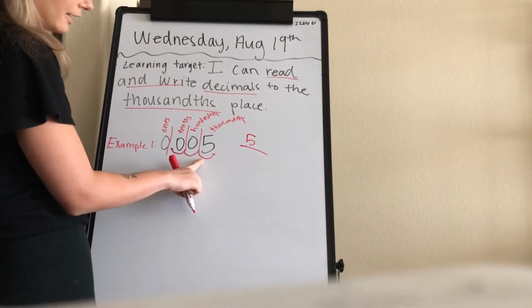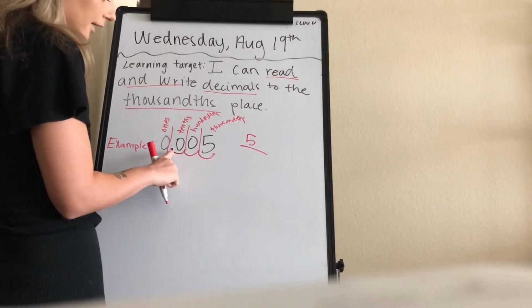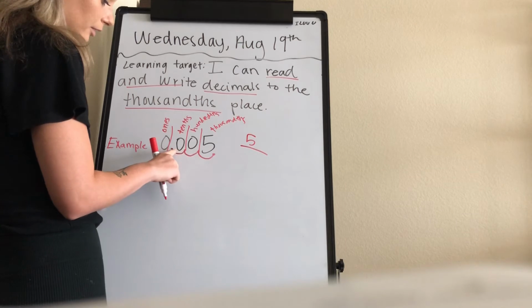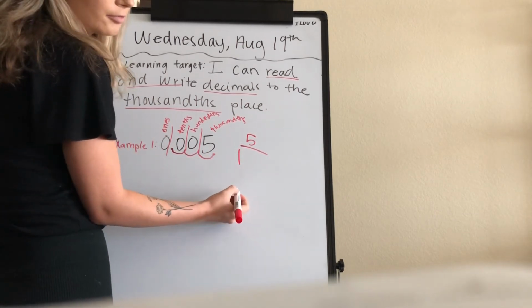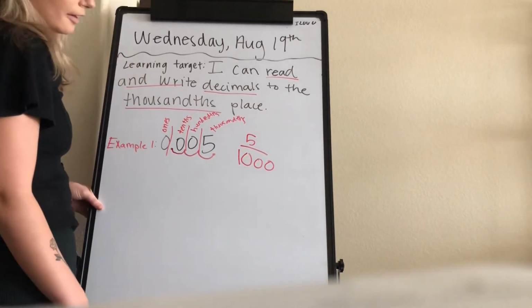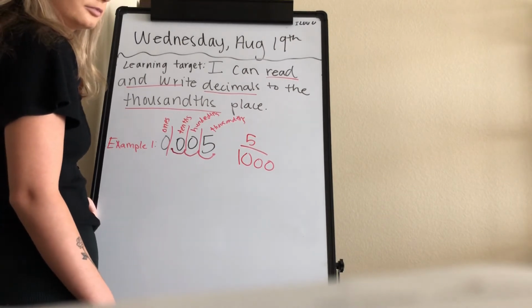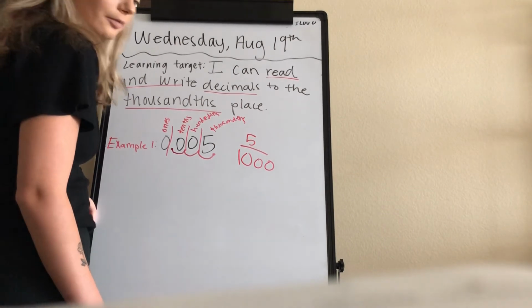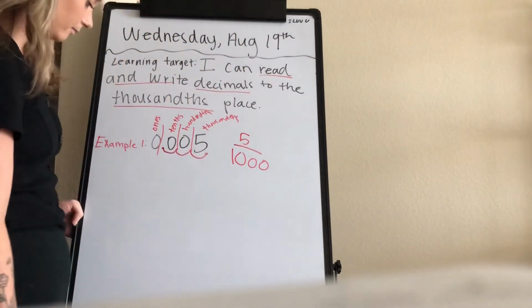Whatever you have right here will be our numerator, okay? How many times did we move over the decimal? We moved it 1, 2, 3. So now let's add 3 zeros. 1, 2, 3. Our new fraction is 5 over 1,000. If that was too confusing for you, we will do a few more problems, don't worry.